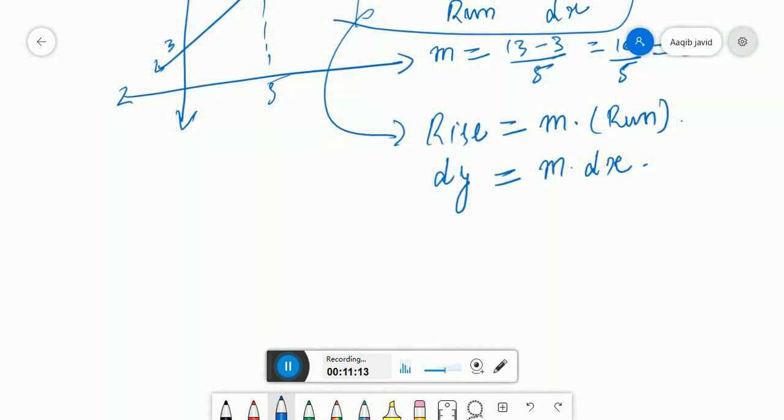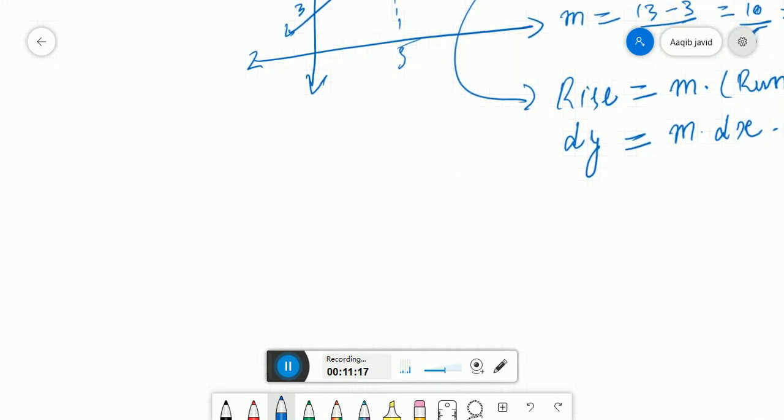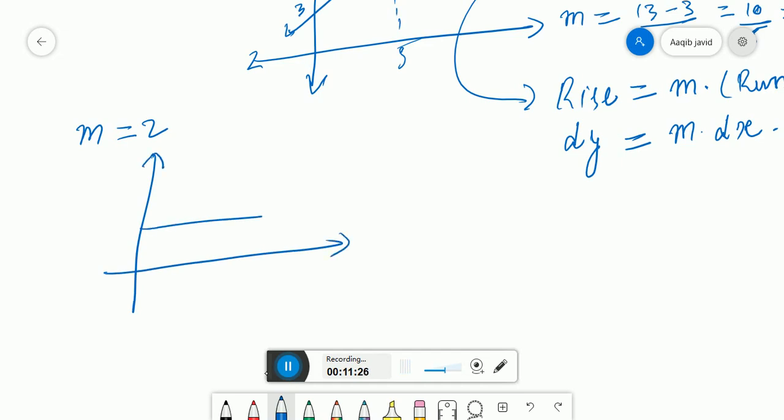So if m, our gradient, equals 2, then our gradient function will be something like this. This will be equal to 2. This is m in this direction, and this is run in this direction.